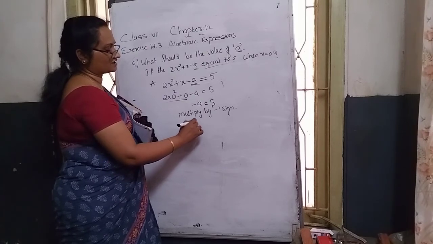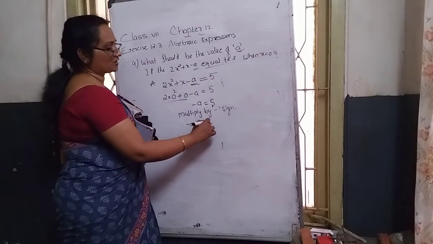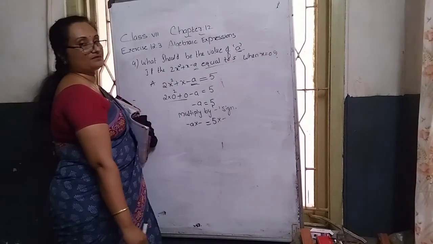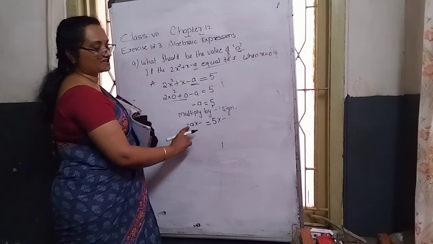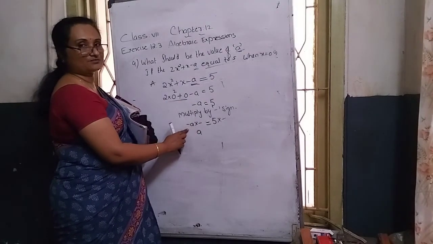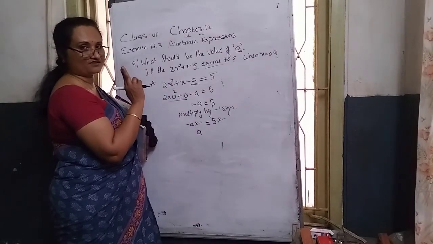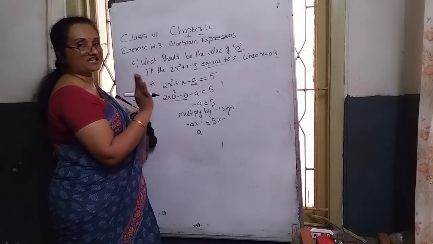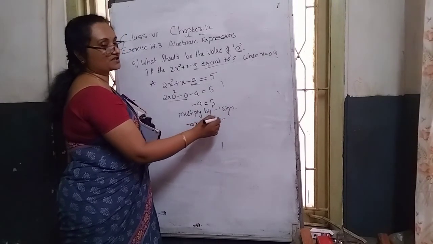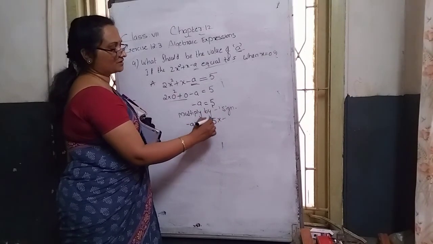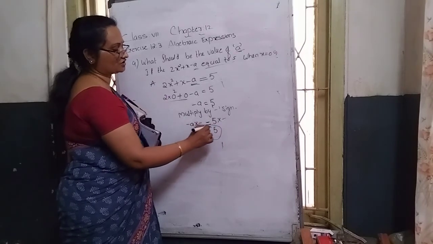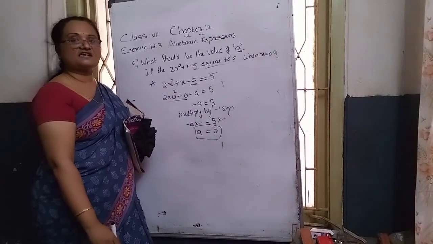Equal, right side plus 5 is there, that also multiplied with the minus sign. So minus into minus changes to plus a. We know how many times the minus sign is repeated? 2 times. 2 means odd or even? Even means the minus changes to plus. Here plus into 5 is positive. Plus into minus comes to be how much? Minus 5. So what a value do we get? Minus 5 is the answer.